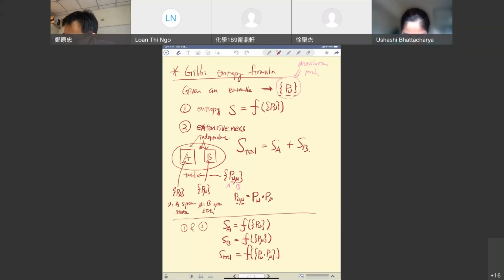But then this must be additive. And then we apply this mathematical result: the only thing that allows you to turn something A multiplied by B into something A plus something B, there's only one function that does this.